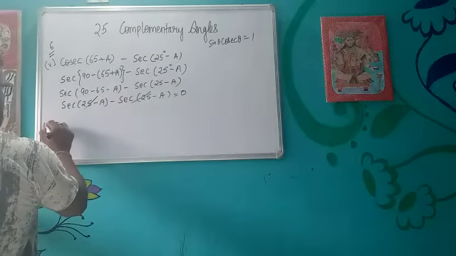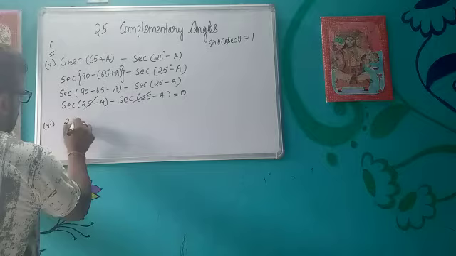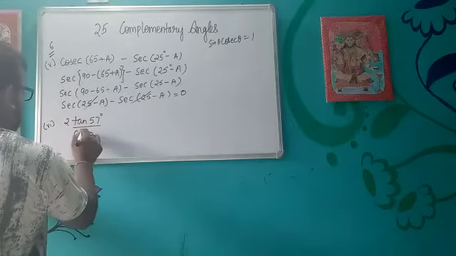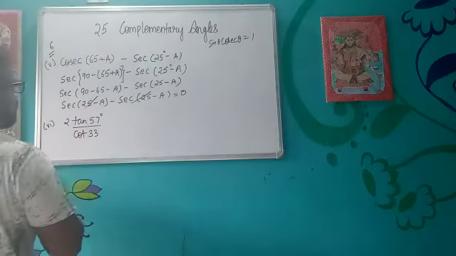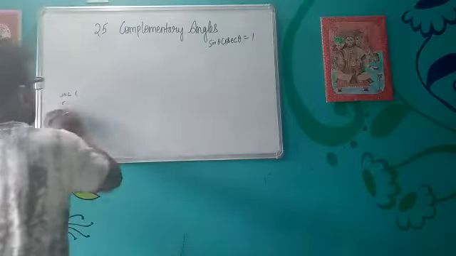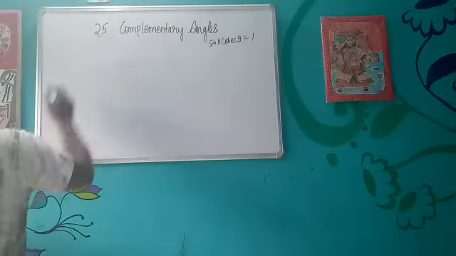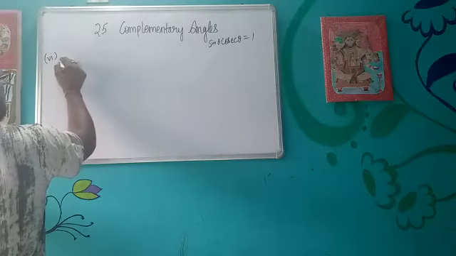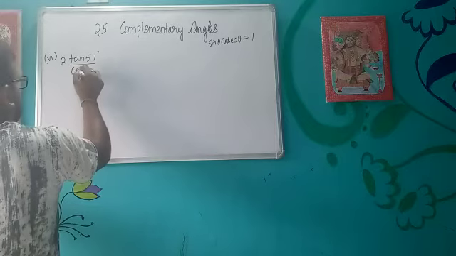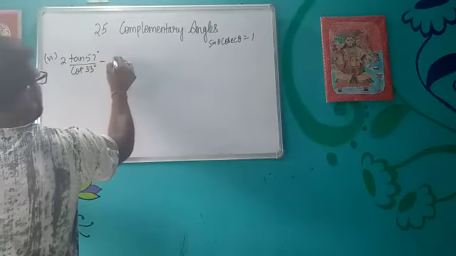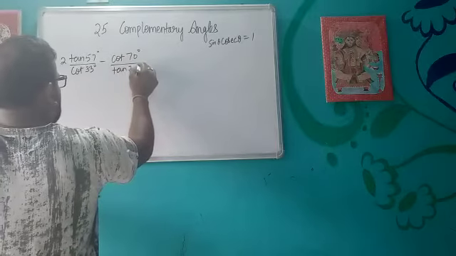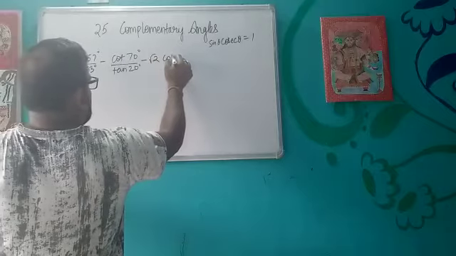Okay, let's see one more type. Okay, the confusion was there in the previous exercise, so let's see this. 57 degree, cot 33 degree minus cot 70 degree upon tan 20 degree minus root 2 cos 45.